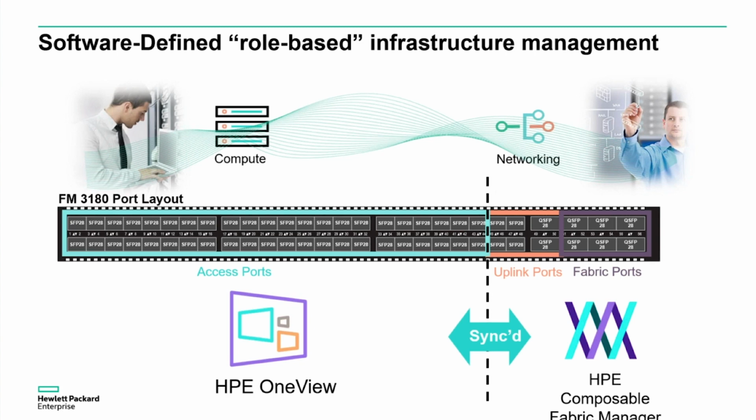When you do the math, that's thousands of MAC addresses coming up into the fabric, and if it's a standard layer 2 connection into your core network, you've got all of those MAC addresses coming up into the core network.